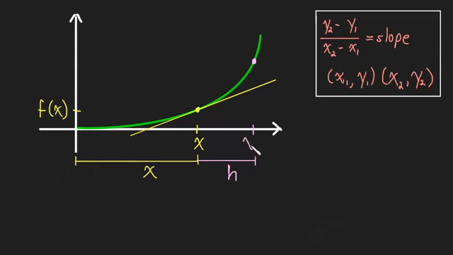So this x value here is simply x plus h. Now, why did I call it h? I don't know. That's what's commonly used. Okay, so x plus h, that means the height of that point is f of x plus h.